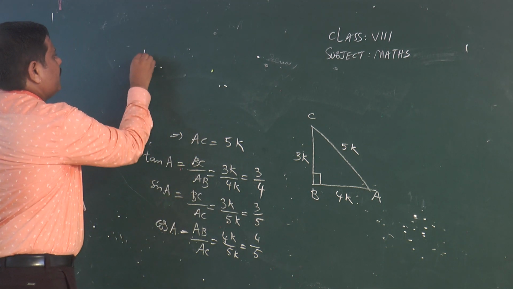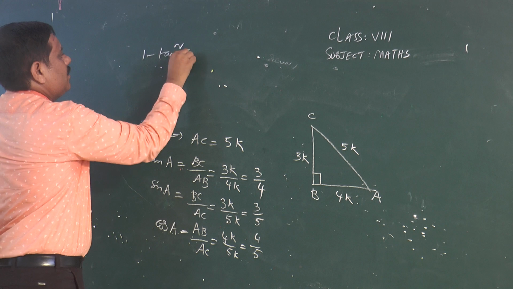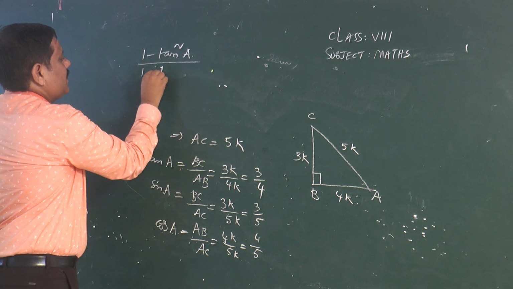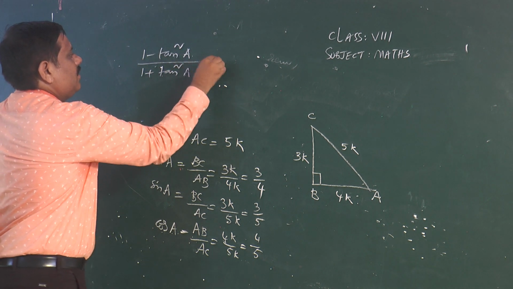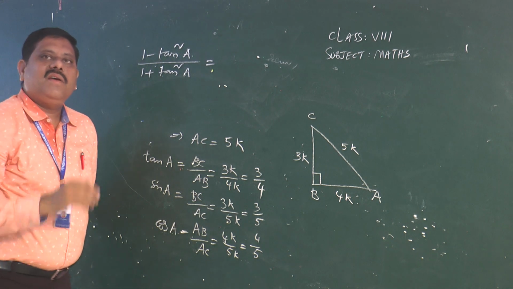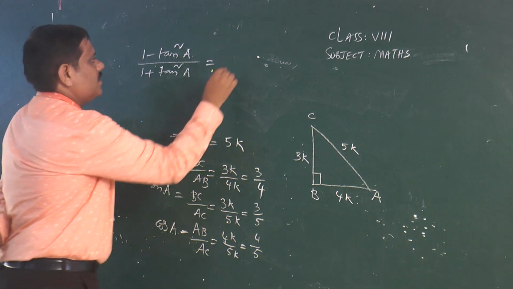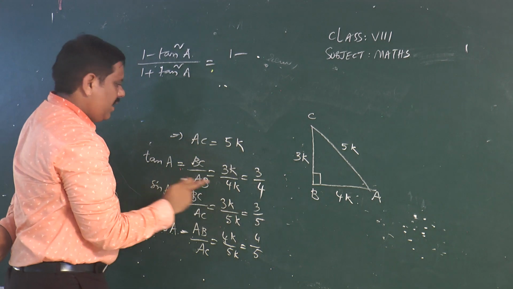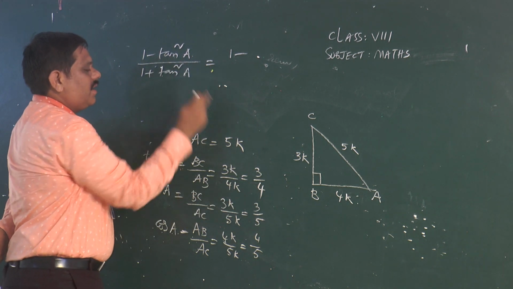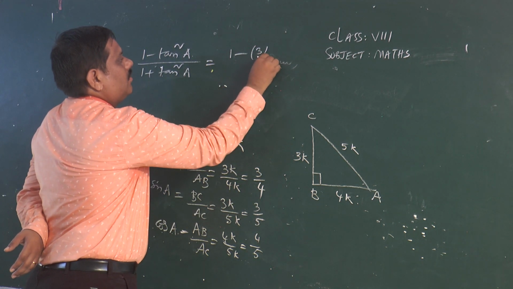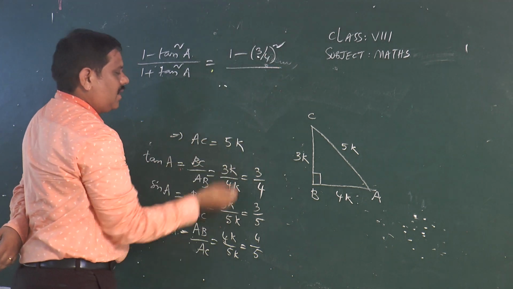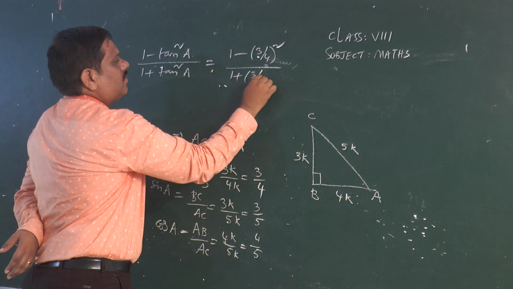One minus tan square A by 1 plus tan square A. That is the LHS part of the given. 1 minus tan square A by 1 plus tan square A. Tan A is 3 by 4, so it is 1 minus 3 by 4 whole square upon 1 plus 3 by 4 whole square.